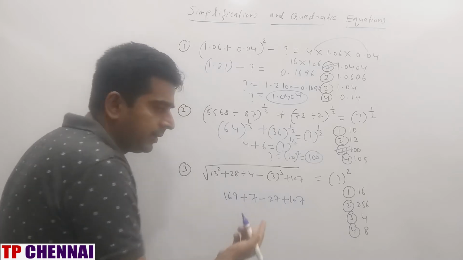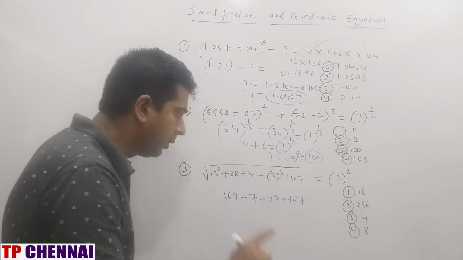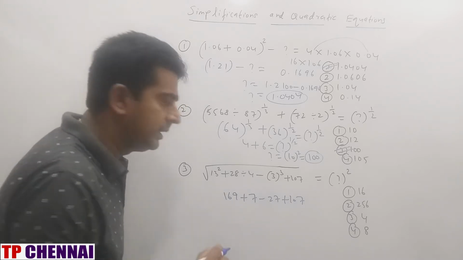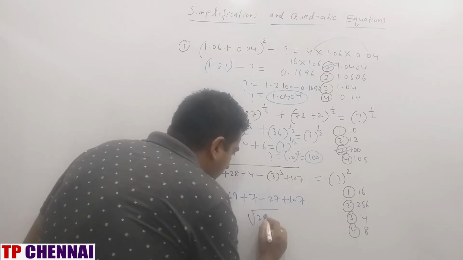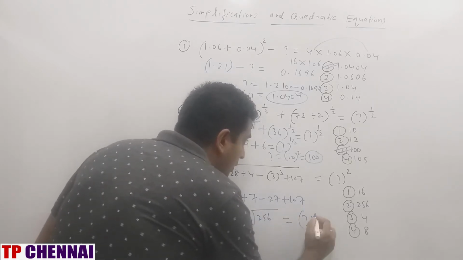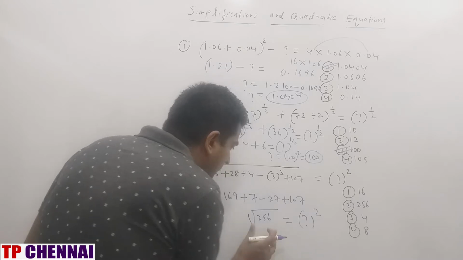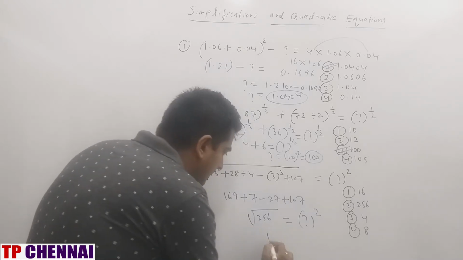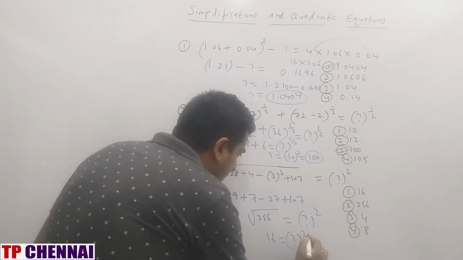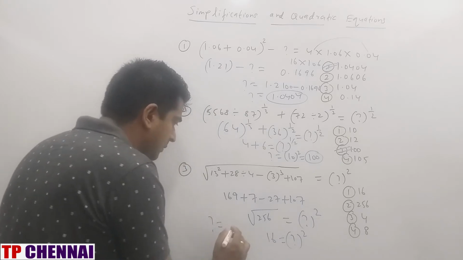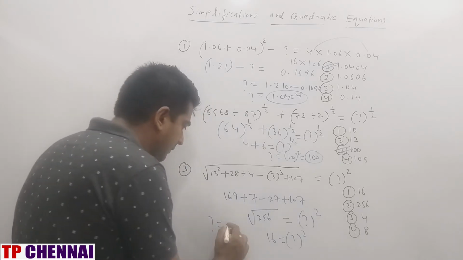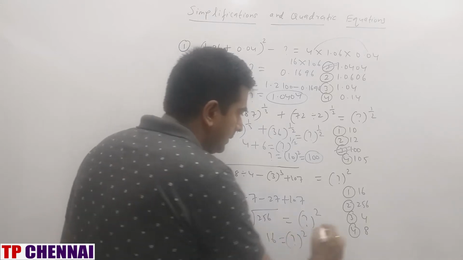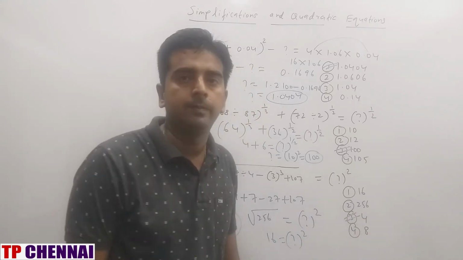Minus 20, so 169 minus 20 is 149, 149 plus 107 is 256. So square root of 256 is equal to question mark square. So this will be how much? 16. 16 is equal to question mark square. So what is the value of question mark? Question mark is equal to square root of 16, which is 4. So my answer is third option.